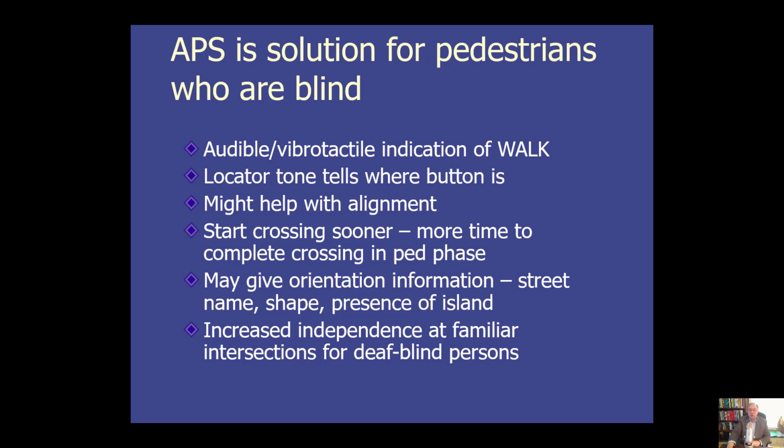They may not hesitate as long to make their crossing because they are getting ready to make the crossing. Those that are audible messages, voice messages, may help with orientation by giving the street name, sometimes the shape of the intersection, or even the presence of an island being there. So there's increased independence at familiar intersections also for deaf-blind persons with these APS devices.